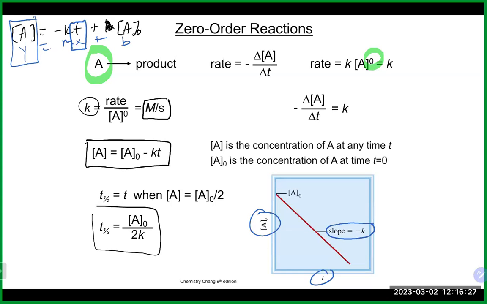This graph should look familiar because we've seen this same graph where we graphed the concentration of A versus time for first order. But in a first order reaction, was it a straight line? It was not. It was that line that was decreasing with time.